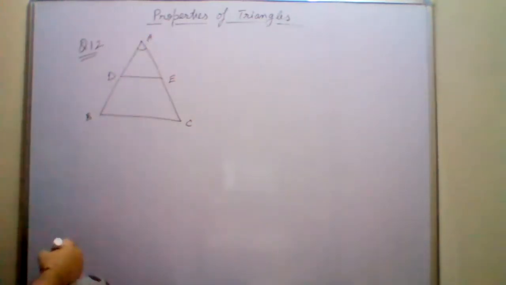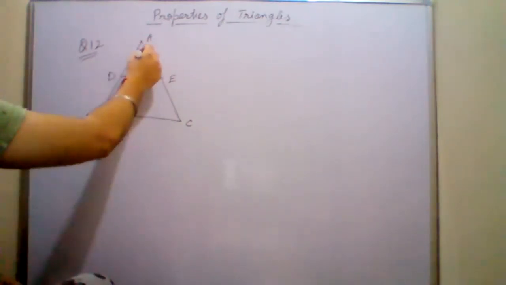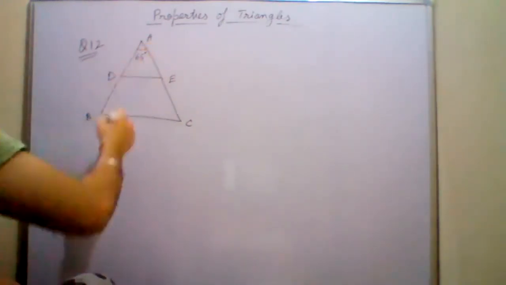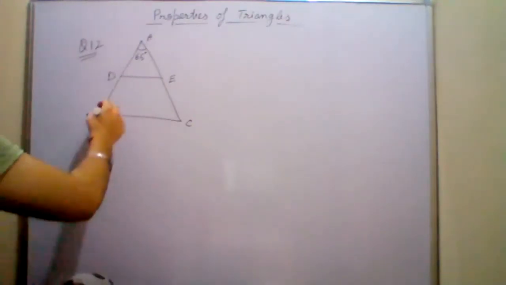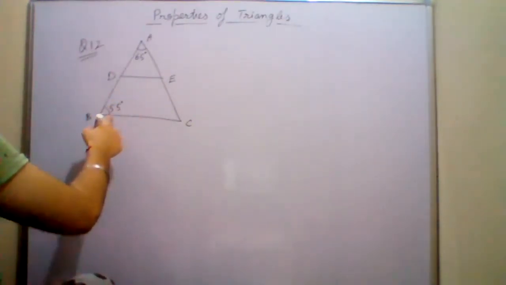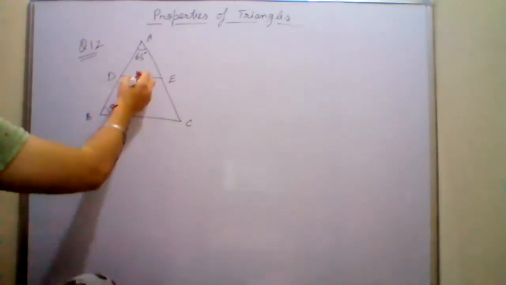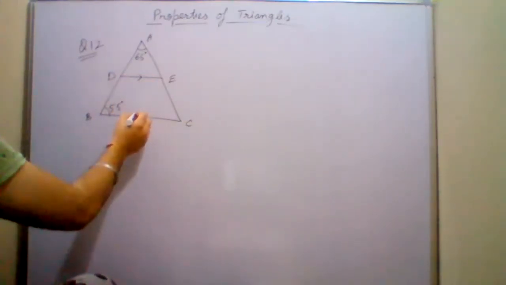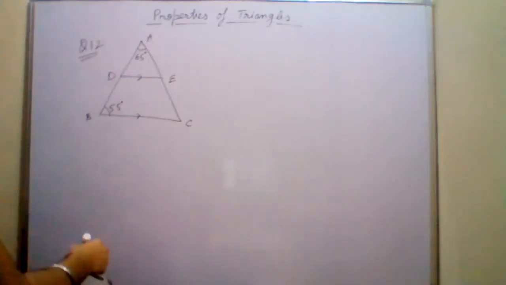This angle is 65. This is 55. It is given that DE is parallel to BC. These are parallel lines.